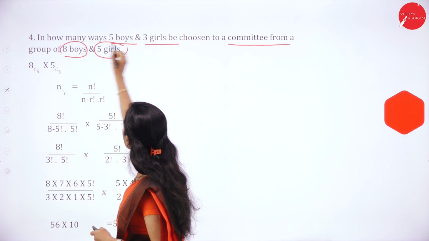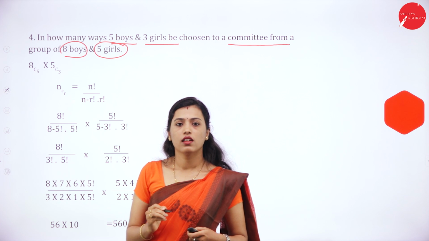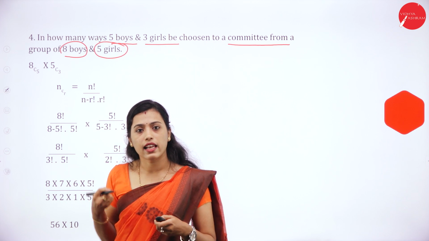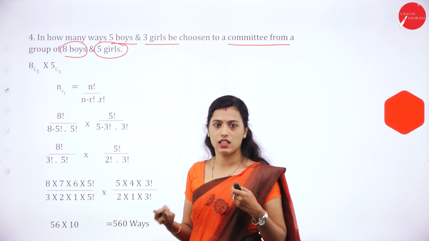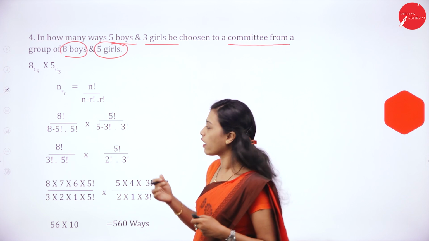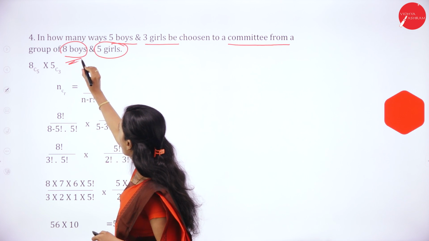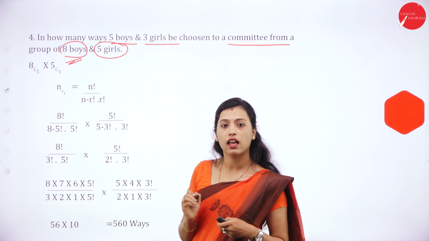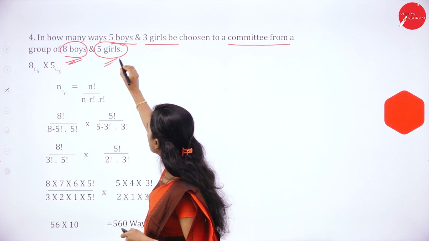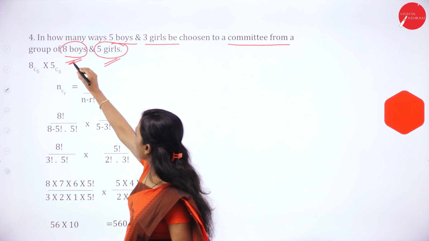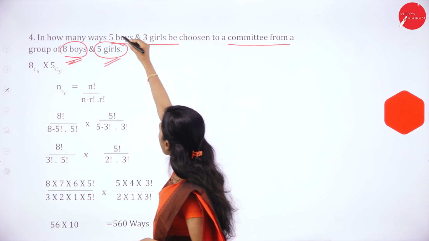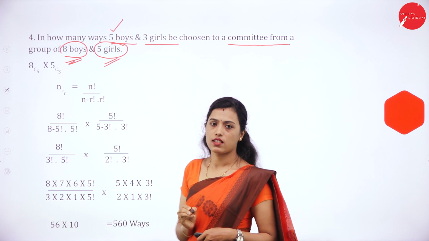Next, in how many ways can 5 boys and 3 girls be chosen for a committee from 8 boys and 5 girls? So here we are going to select the boys and girls. How many boys are there? There are 8 boys. And how many girls are there? There are 5 girls. So out of 8 boys, we are going to select 5 boys.